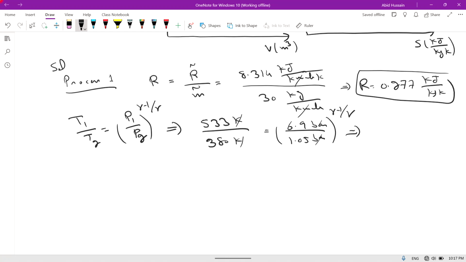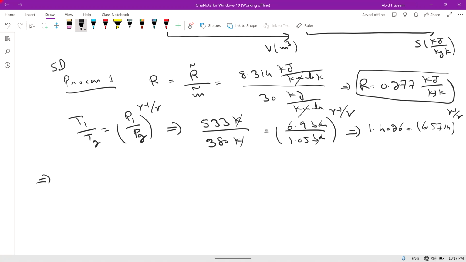So 533 divided by 380 is equal to 1.4026, and this is equal to 6.9 divided by 1.05, which is 6.5714, to the power (gamma minus 1) divided by gamma.